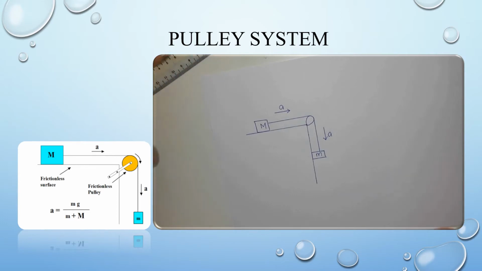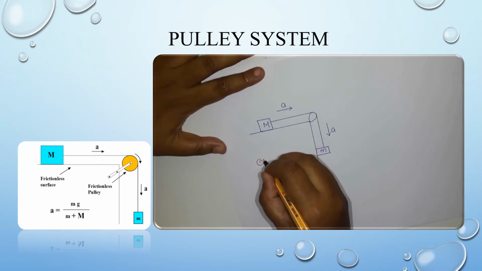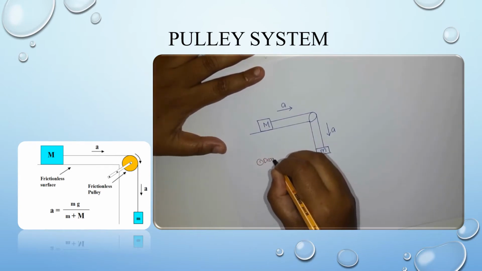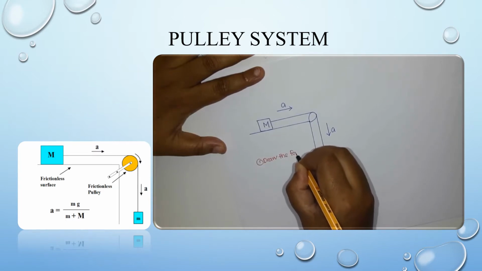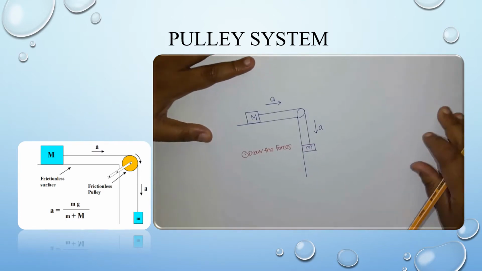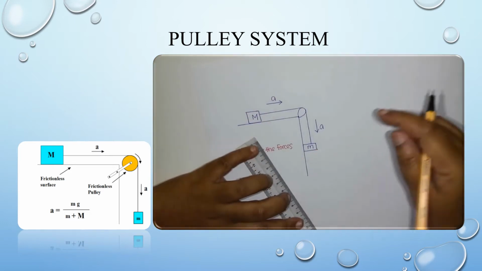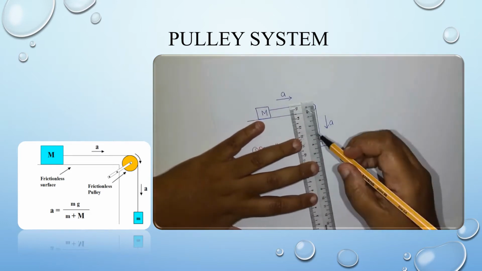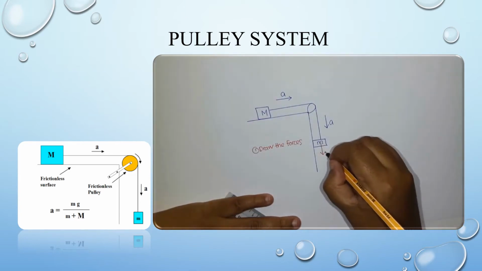When you see this kind of pulley system, the first thing is to draw the forces. For this object, the first force that acts on it is the weight, which is mg.